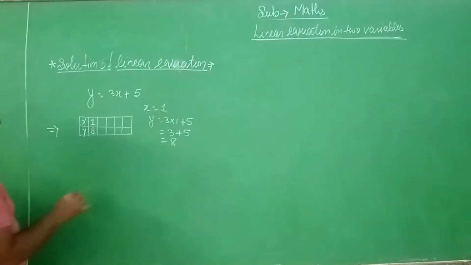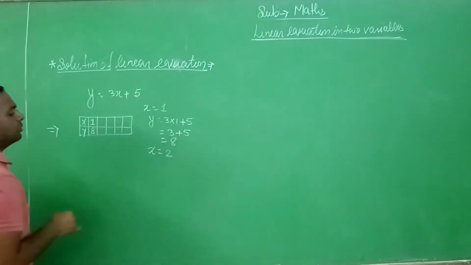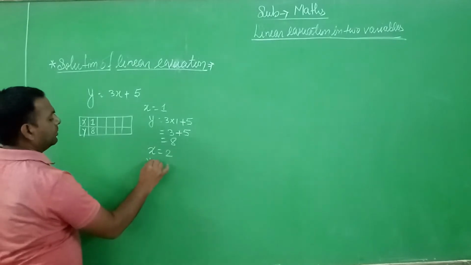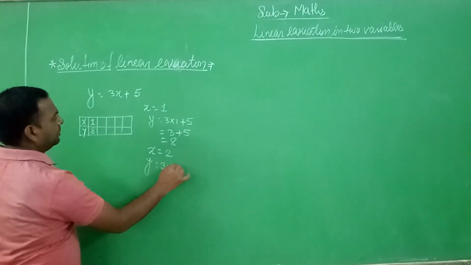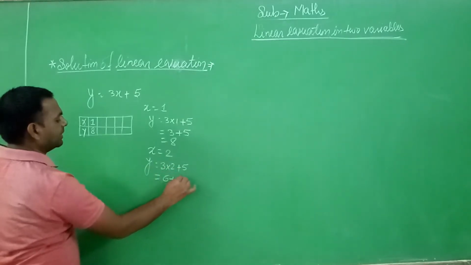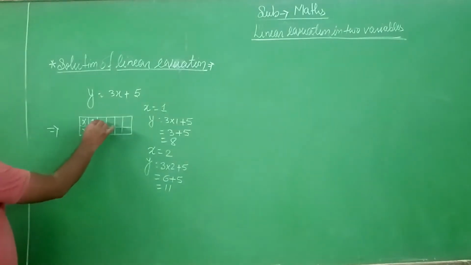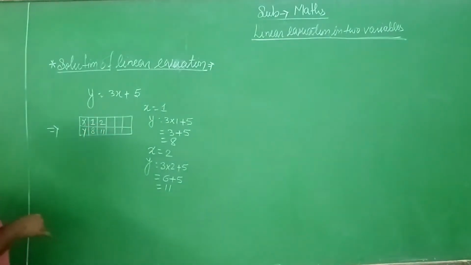Second, I put x is equal to 2. Then y is equal to 3 into 2 plus 5. 3 2s are 6 plus 5 is equal to 11. So if x is equal to 2, then y is equal to 11.